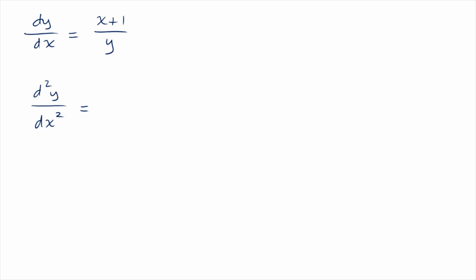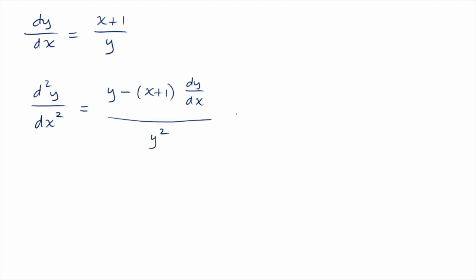So that would equal the denominator, y, times the derivative of the numerator, which would just be 1, minus the numerator, the quantity x plus 1, times the derivative of the denominator, and the derivative of y with respect to x would just be dy/dx, all over the denominator squared, or y squared.